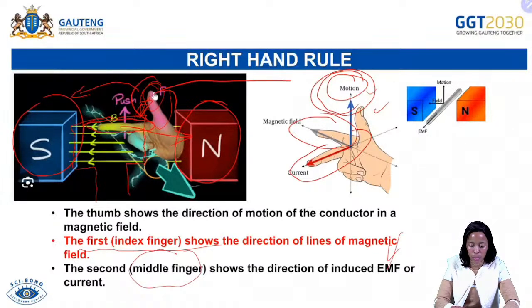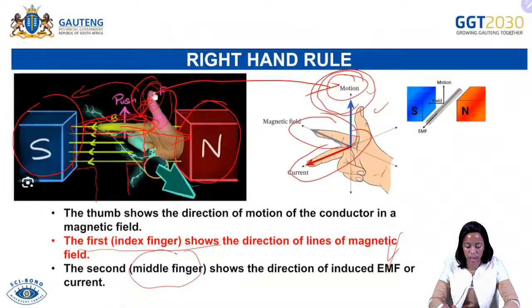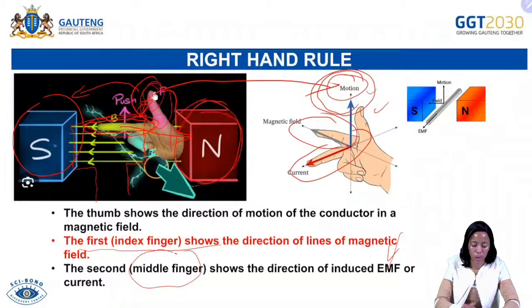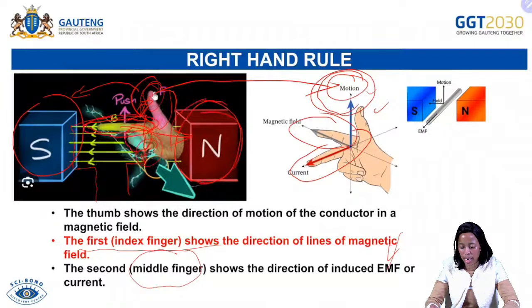With the thumb, you are applying the force, so that is F. With the first finger, you show the direction of the magnetic field lines, from the north to the south. And the middle finger shows the direction of the conventional current.